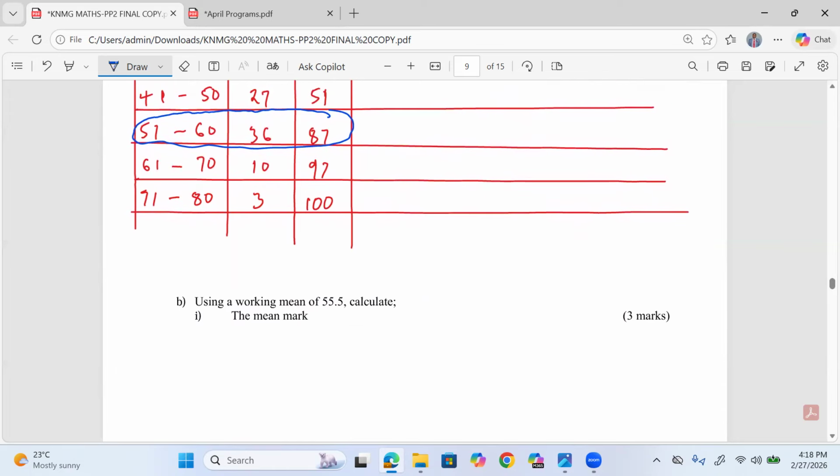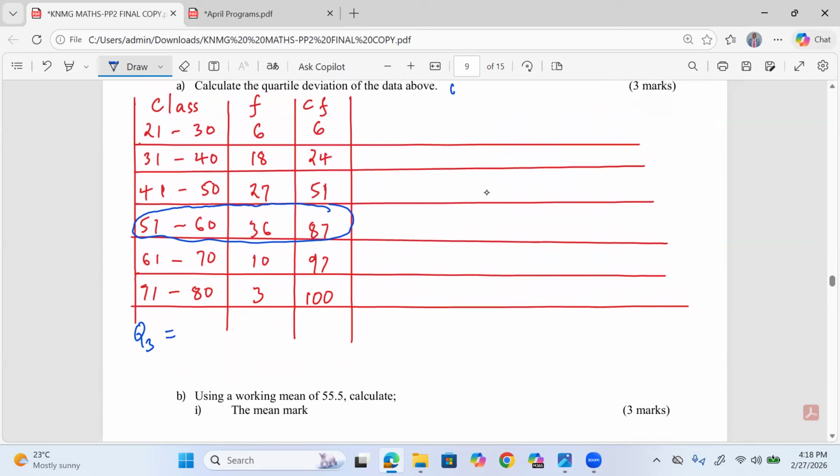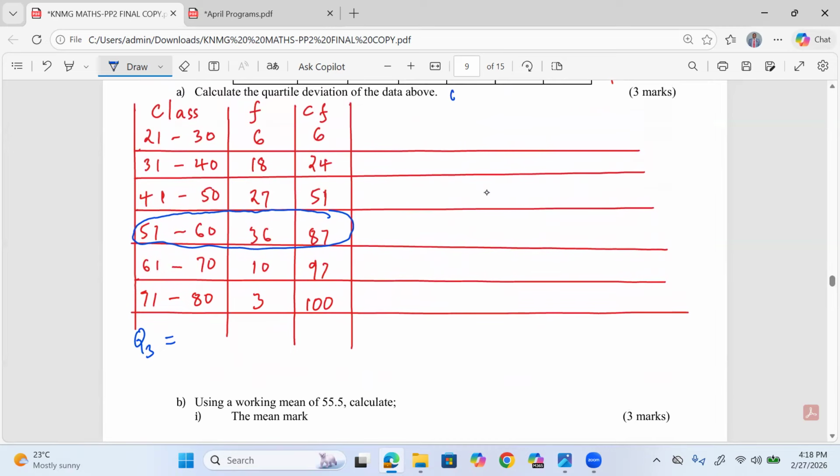let me substitute here. For us to get Q3, we need the lower class boundary. How do we get lower class boundaries, ladies and gentlemen? The lower class boundary is the lower limit plus the upper limit of the previous class, divided by 2.